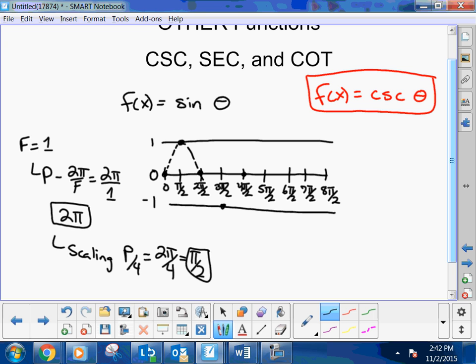Now, draw it as a dashed line. The reason why I want you to draw a dash is because we're just going to use it. It actually represents the cosecant graph, but in a special way.